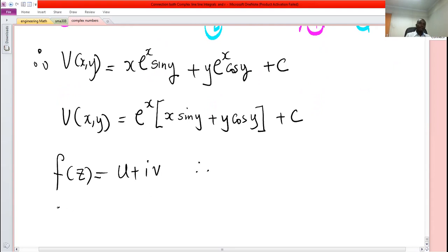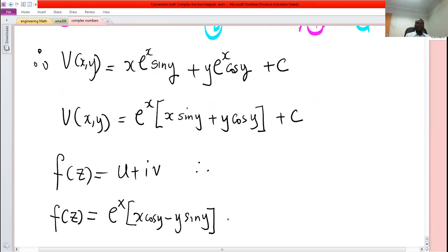So therefore, our function f will be u, which was e raised to power x into x cos y minus y sine of y, plus i e raised to power x into x sine y plus y cosine of y, and then plus c.